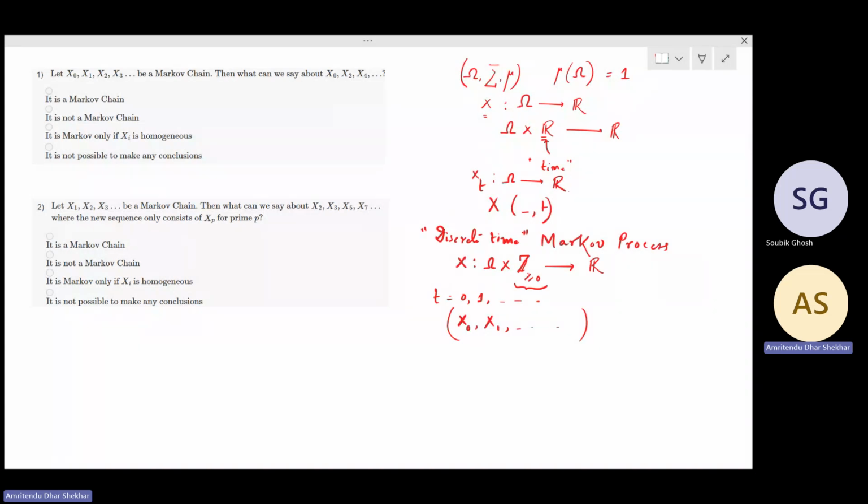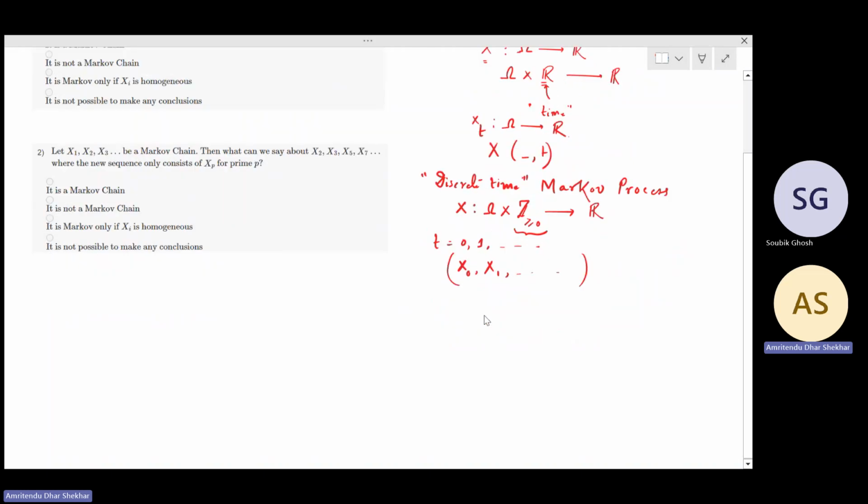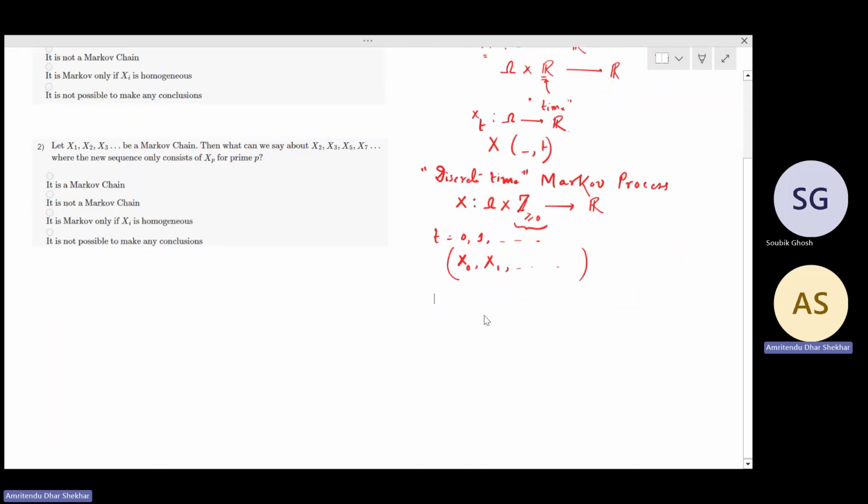These random variables have a particular property, which is the Markovian or memoryless property. Before stating the general definition, let's state a more restricted definition.